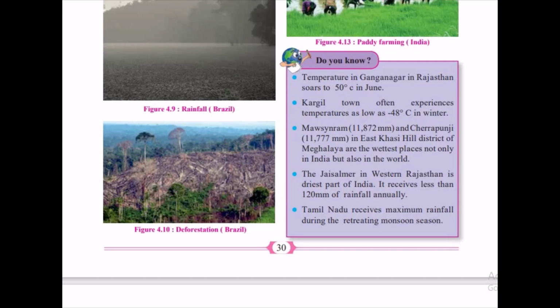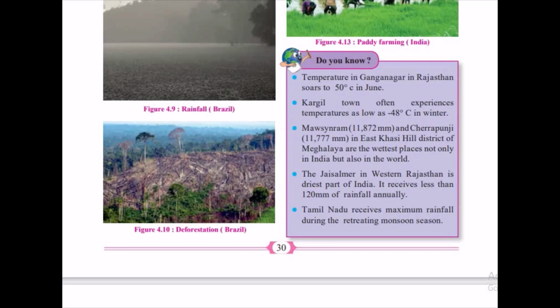Now, there are a few things which we need to know, which are very, very important. One, temperature in Ganganagar in Rajasthan soars up to 50 degrees Celsius in June. We all know about Kargil because of the Kargil war.